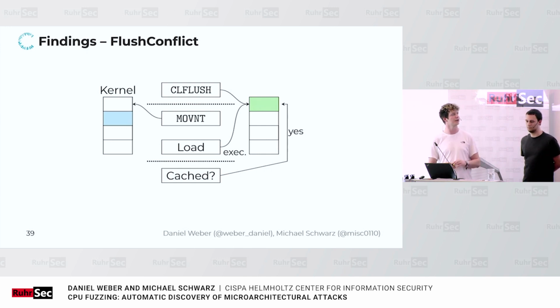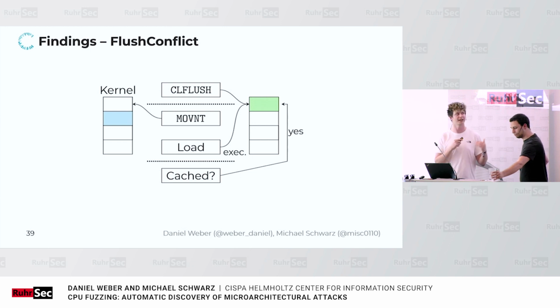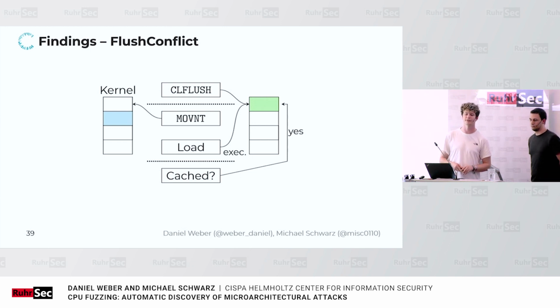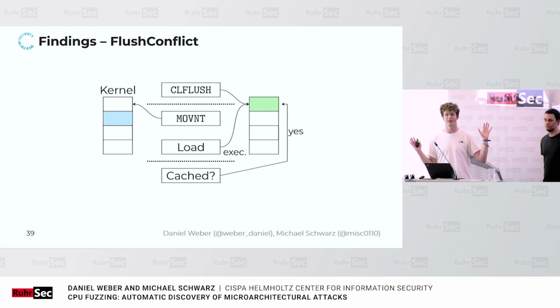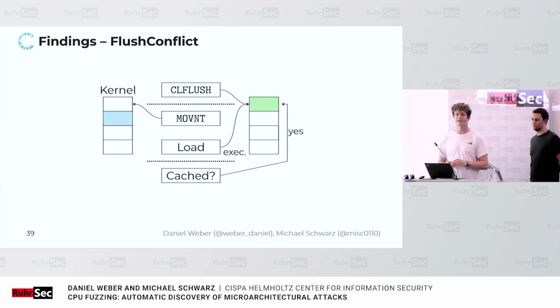Those are 3 locations where no kernel resides. On the right-hand side, there's just some memory address. We start by executing the CLFLUSH instruction and flushing that green memory address. Afterwards, we access, with our non-temporal move, some address where we hope that the kernel is. We do not know that yet. And afterward, we just execute a load on the green memory address.